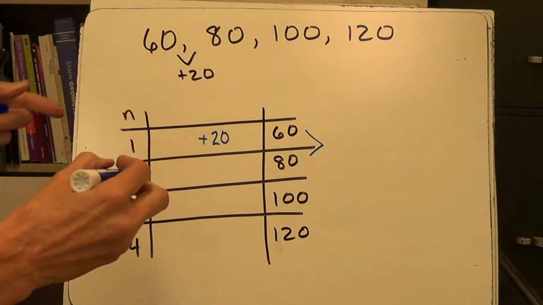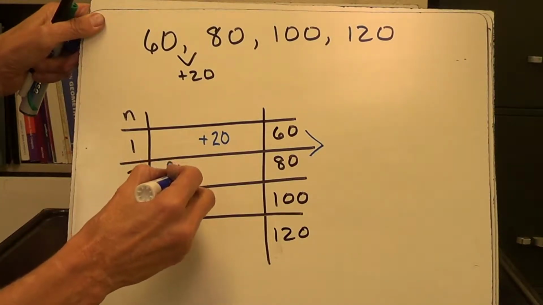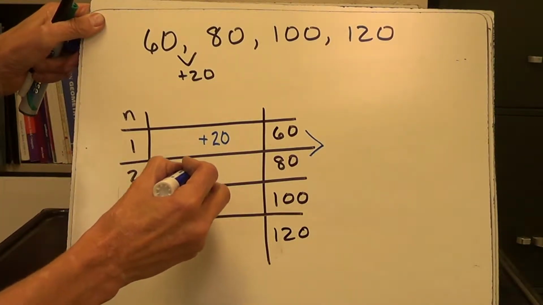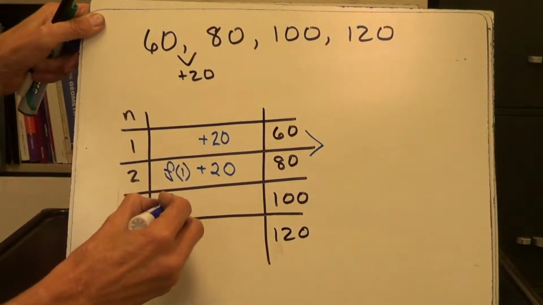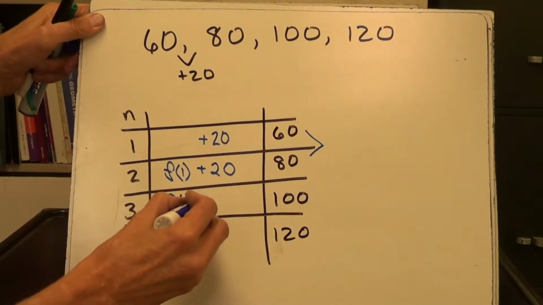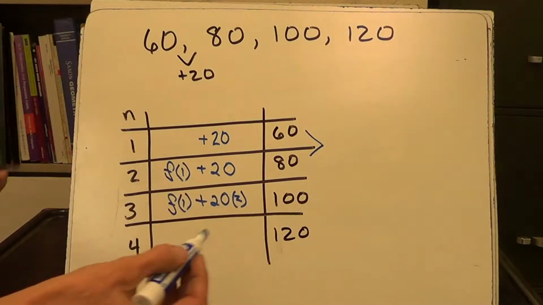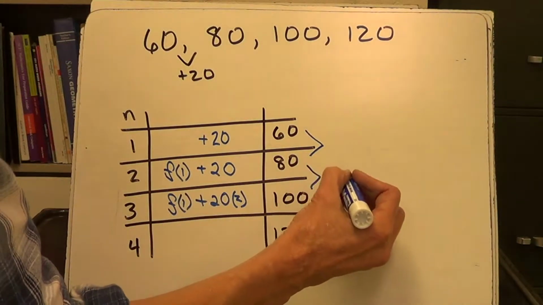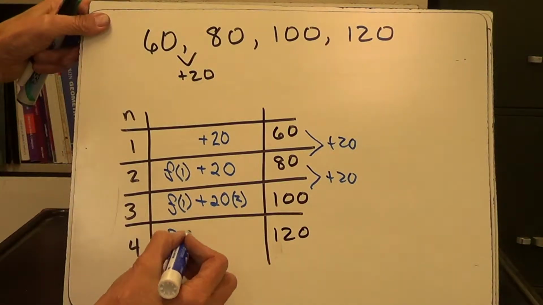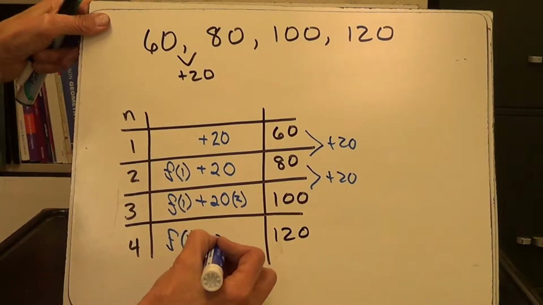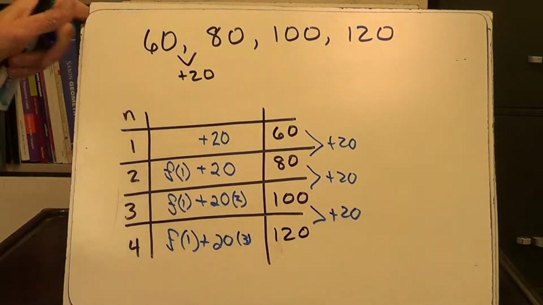This one is the first term plus 20. This one would be our first term plus 20 times 2, because it would be plus 40. There's 2 of them there. This one would be our first term plus 20 times 3, because there's 3 of those 20s to get down to that fourth term.